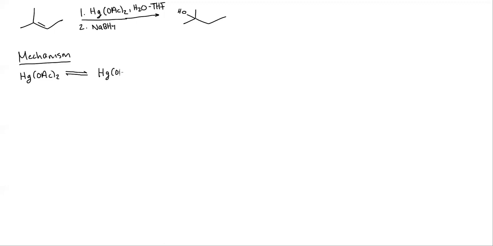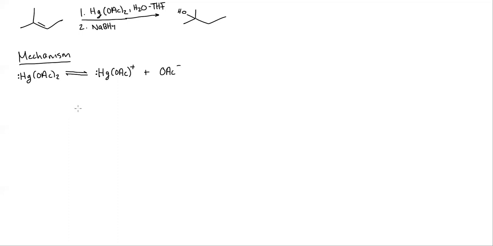So then I just have HgOAc plus, and the plus is on the Hg, right? And then I have OAc minus. So the HgOAc plus is what we're going to be using in this.